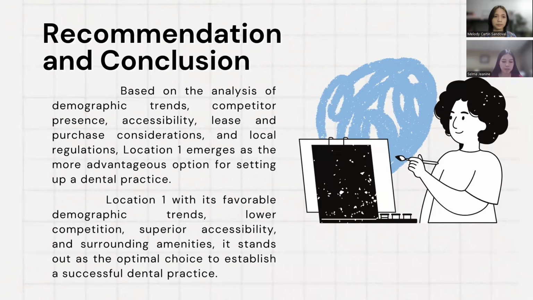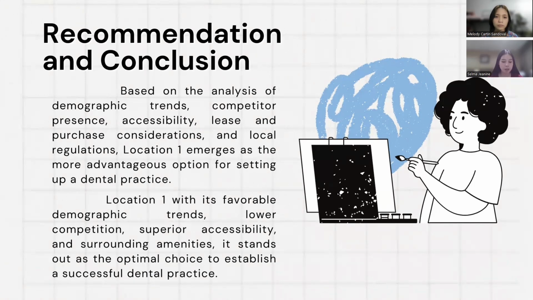The competitive landscape also favors Location 1, which has 16 dental clinics within a 2-kilometer radius compared to 20 clinics in Location 2. This lower level of competition could provide a more favorable environment for better patient acquisition opportunities.